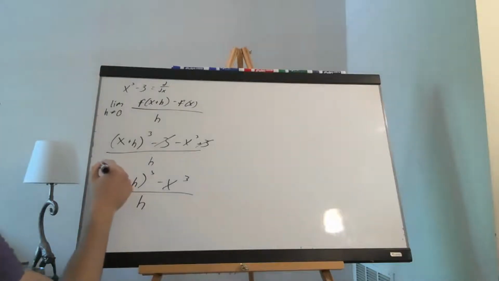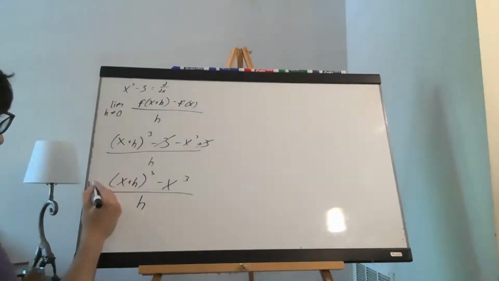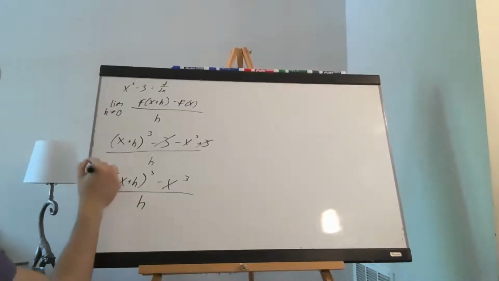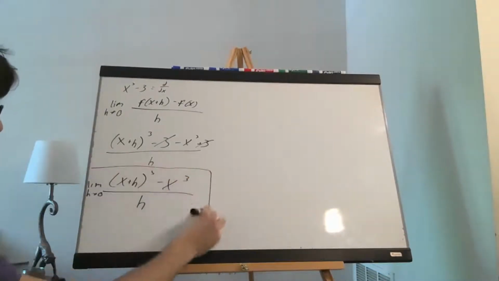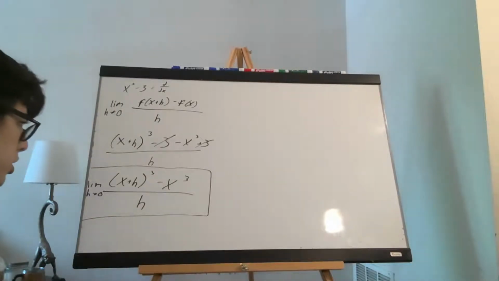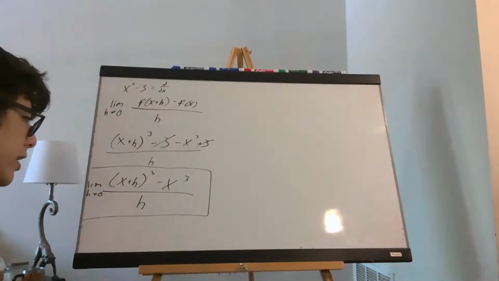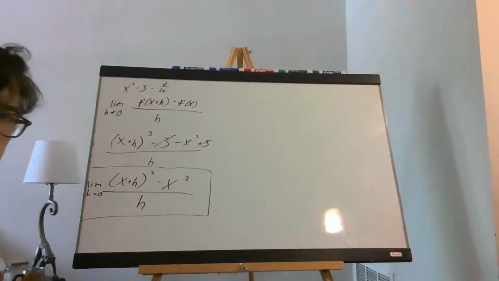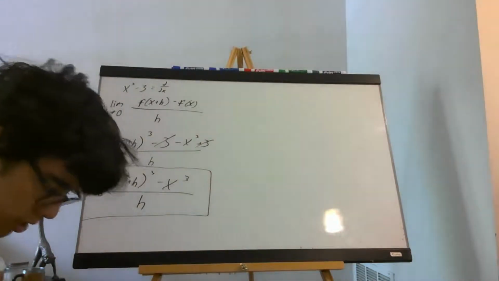Yeah, and you could simplify it further than this, but as long as you write this thing here, you'll be fine. I would advise to simplify further than this, but I don't really want to work on a sum or difference of cubes here. And for the sake of time, I'm just going to keep going.